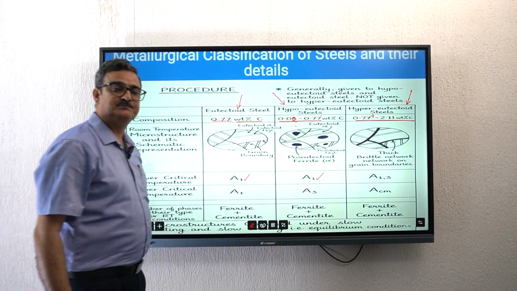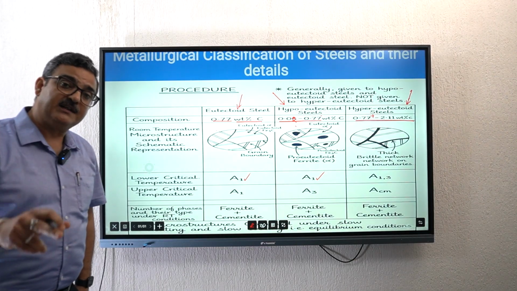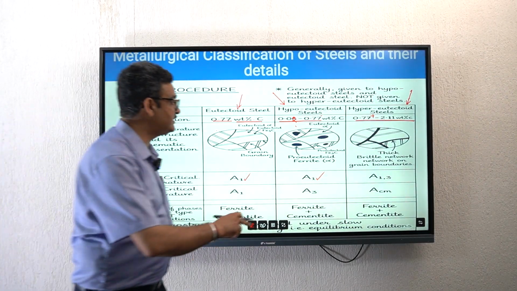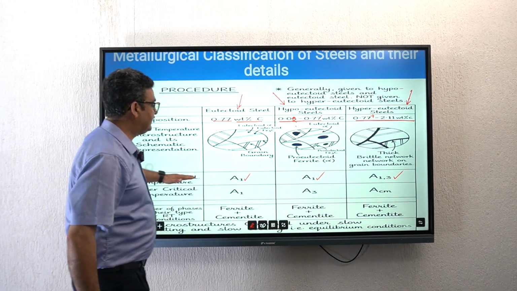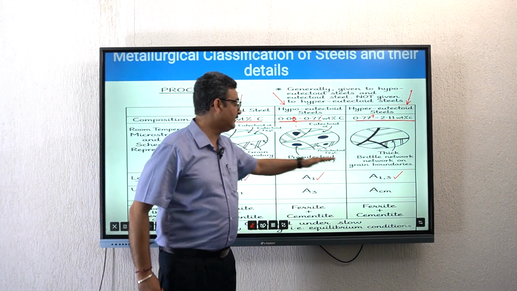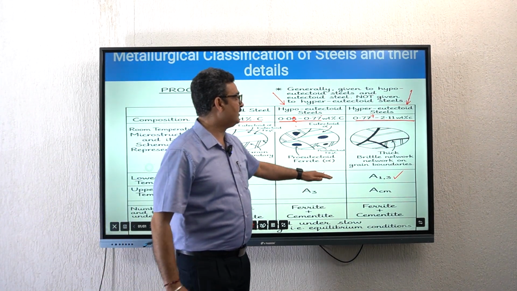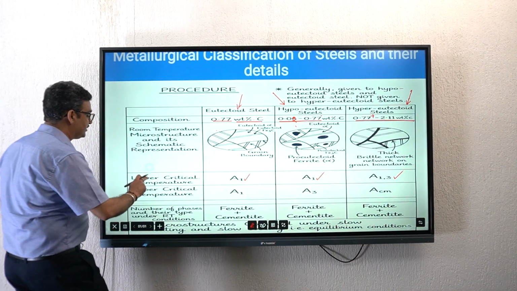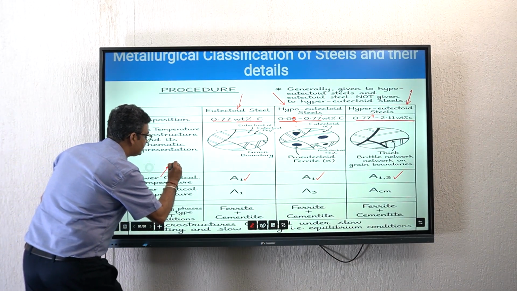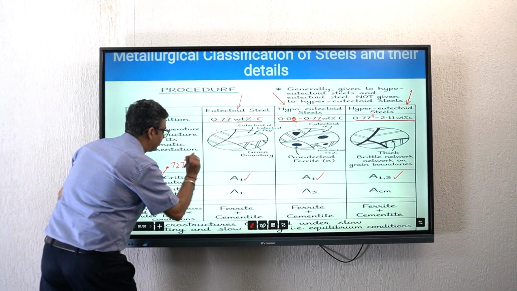Same, A1. What is it designated as for hypereutectoid steels? A1. And if you remember, for each of these categories, eutectoid steel, hypoeutectoid steels, hypereutectoid steels, under equilibrium heating conditions, lower critical temperature is 727 degrees centigrade.